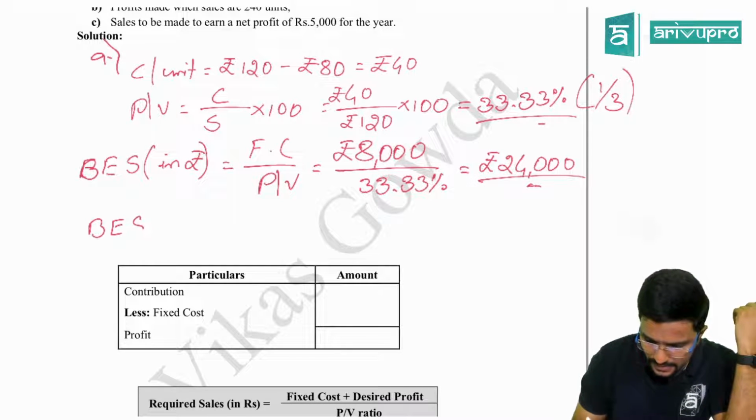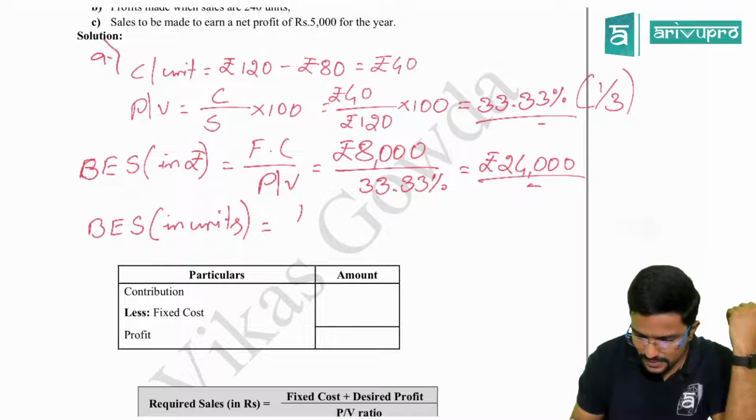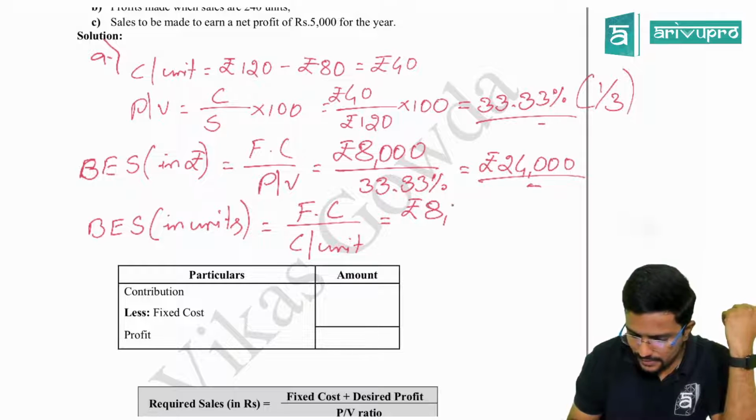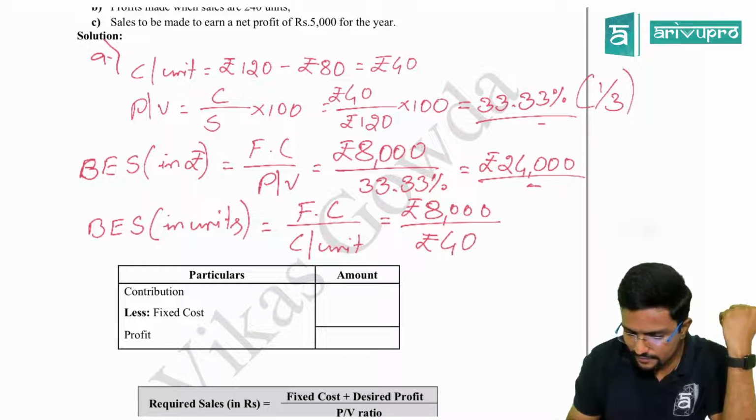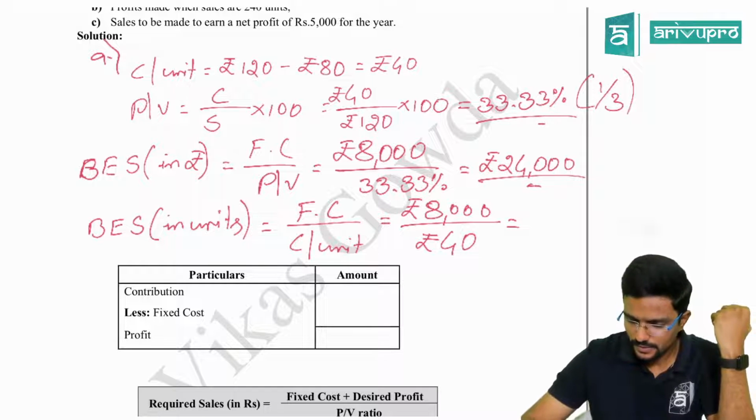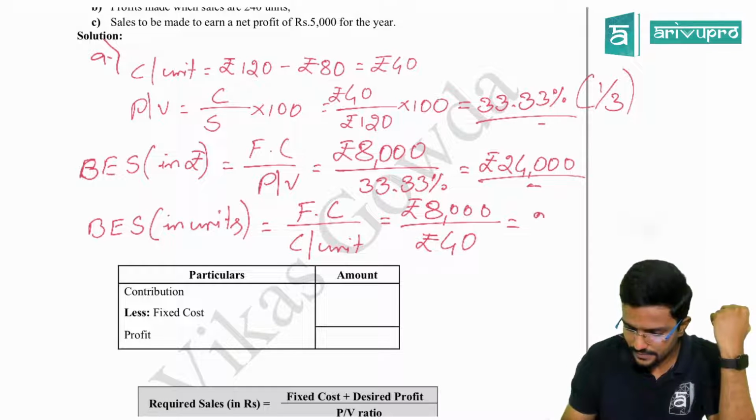Break-even sales in units is nothing but fixed cost divided by contribution per unit, which is 8,000 divided by contribution per unit. I have calculated 40. So 8,000 divided by 40, it is 200 units.